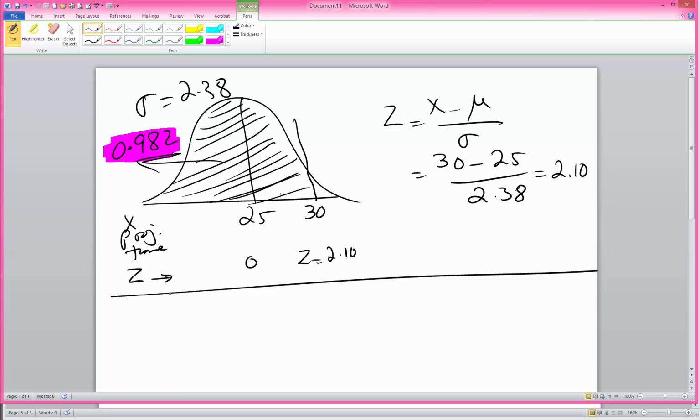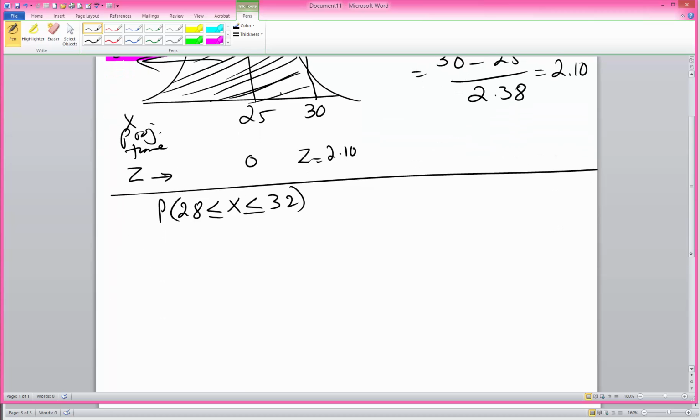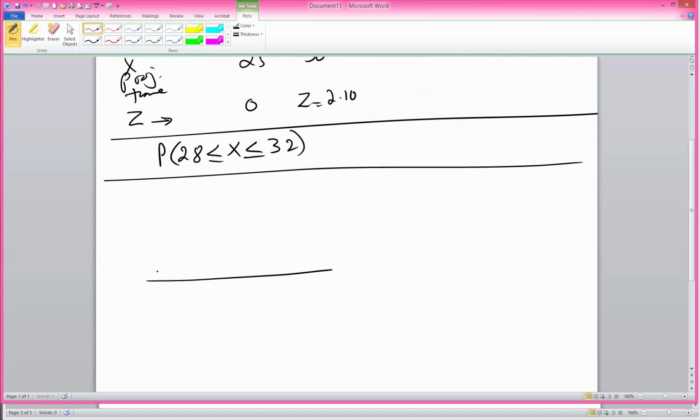You can also similarly compute probability, for example, that x is between, let's say, 28 and 32 weeks, or any other number. We can also use the information that we have generated about the mean and standard deviation of this project to find out the due date for a project if we wanted to have a 98% service level or any other service level.